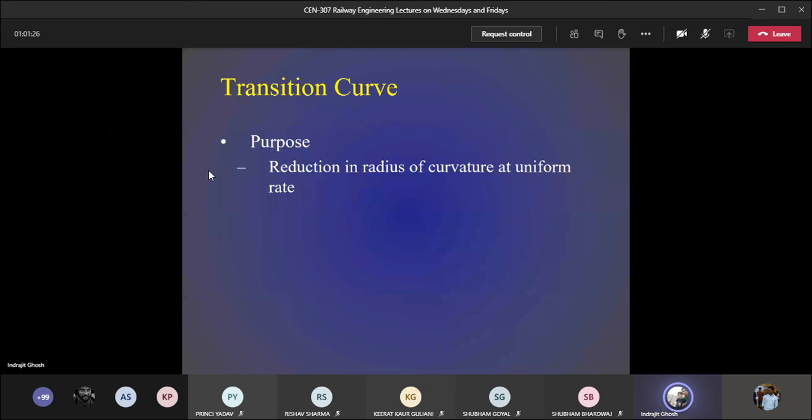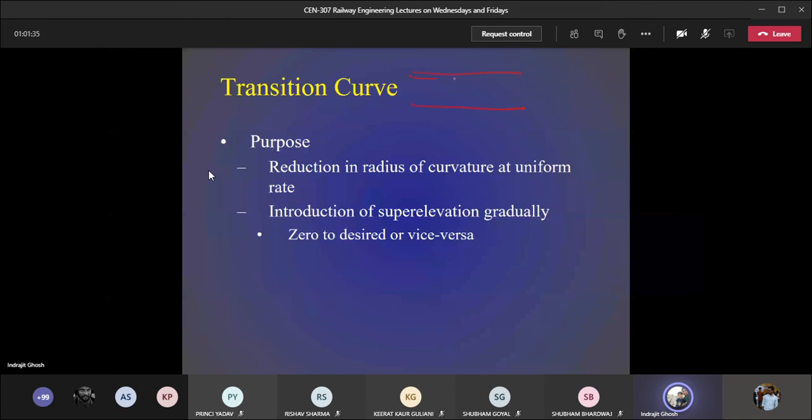How do we do that? We reduce the radius of curvature at a uniform rate. So what does it mean? Straight track, then curved track. Here it is curved; middle radius बोलो, outer radius बोलो, inner radius बोलो, suppose कोई भी एक आप ले लो, this is R, which is basically small r.